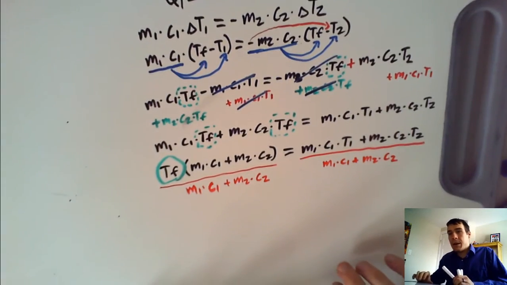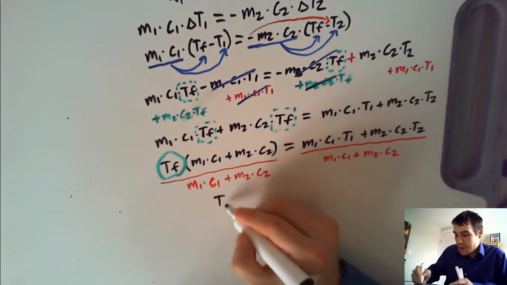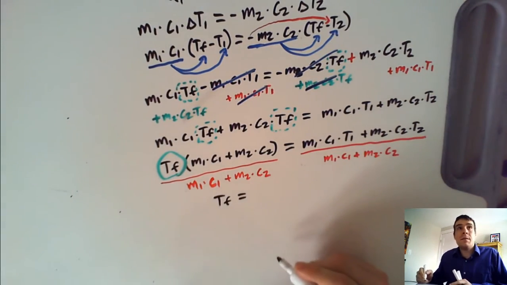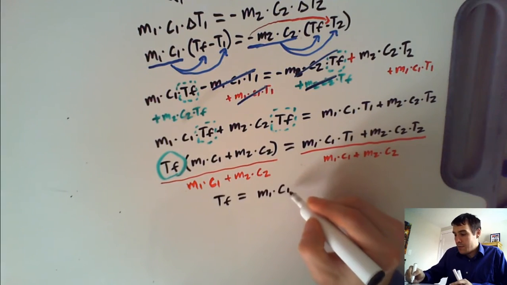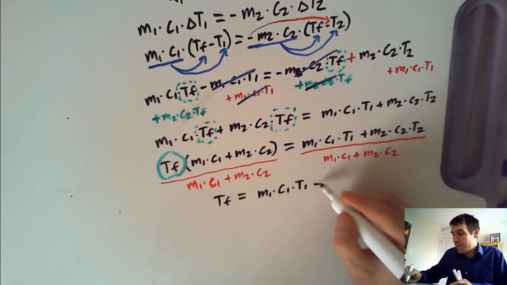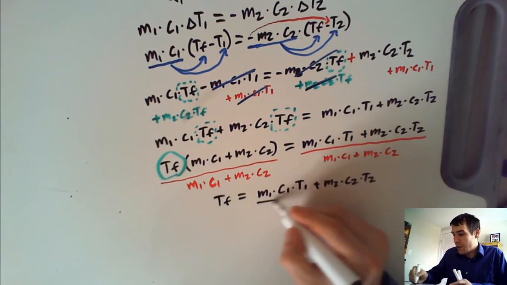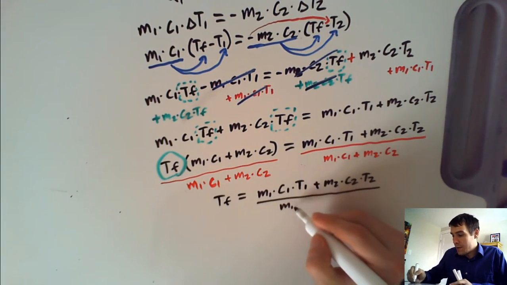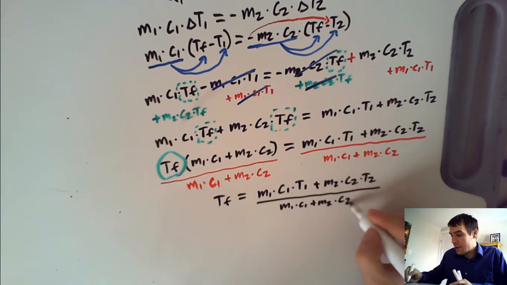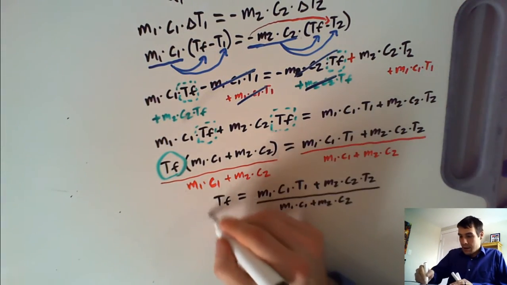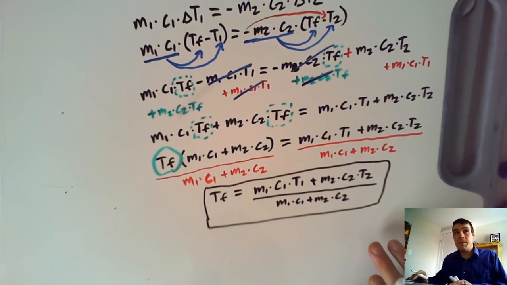And now we get our final expression. To solve for the final temperature, it is going to be M1 C1 T1 plus M2 C2 T2 over M1 C1 plus M2 C2. Right? There's a big old formula for you.